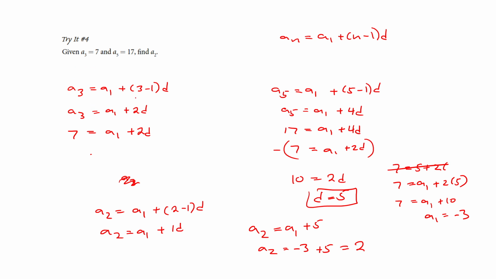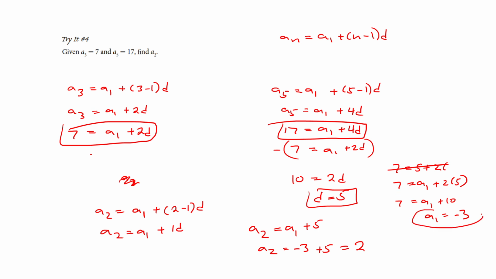Okay, so this one, what was different is that we didn't have A1. So we had to create a system of equations, which we've done many times. We create 2 formulas that have 2 I don't knows. I then just did the elimination to get the A1s to drop out. I could solve for D, and then I went back and solved for A1.